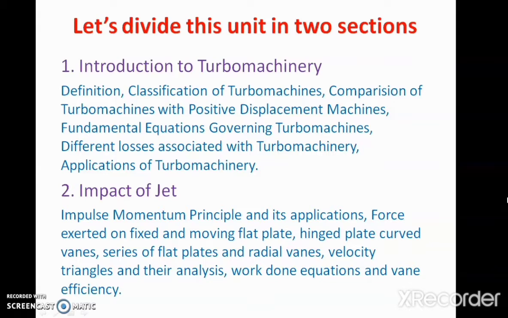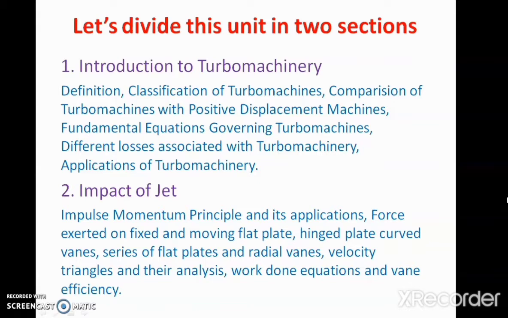Now what we are going to see in this impact of jet, first we'll see the impulse momentum principle, that is nothing but Newton's second law of motion, its definition. Then the applications of impulse momentum principle. Now how we are going to apply this impulse momentum principle on the different applications, that is nothing but force exerted on fixed and moving flat plate, then force exerted on a hinged plate, then force exerted on the curved vanes or series of flat and curved vanes, radial curved vanes, and then we'll see velocity triangles and their analysis, work done equations and vane efficiency.